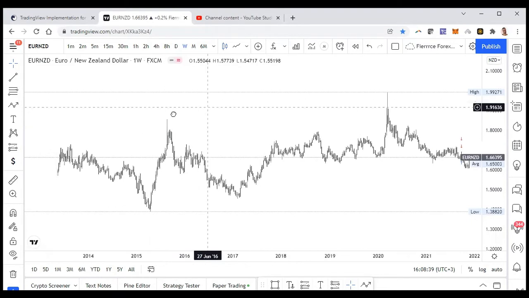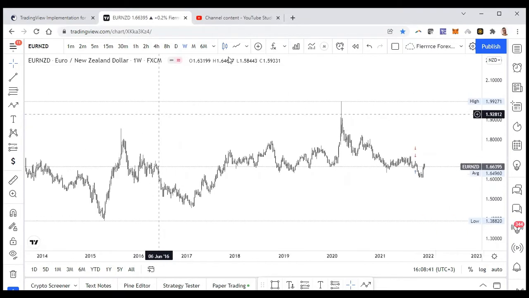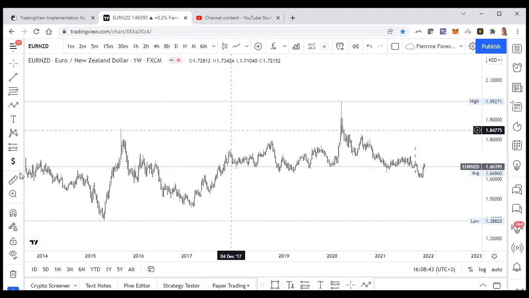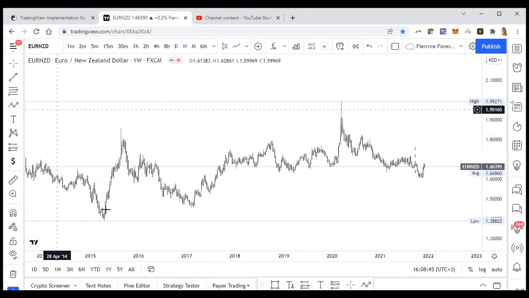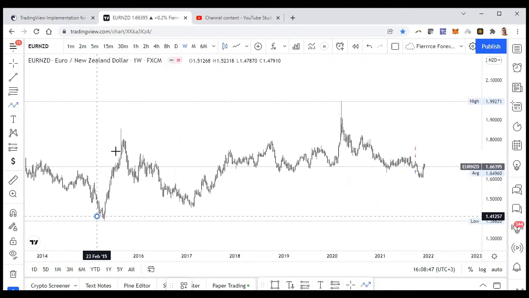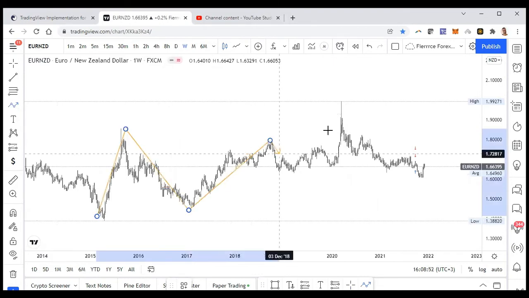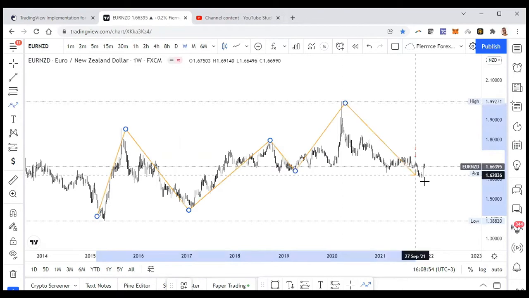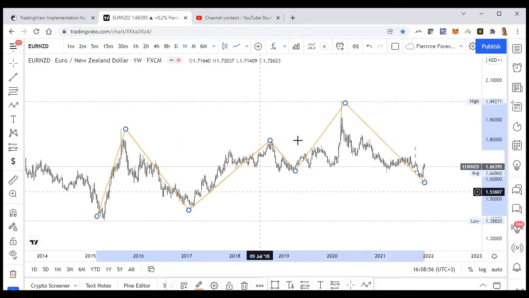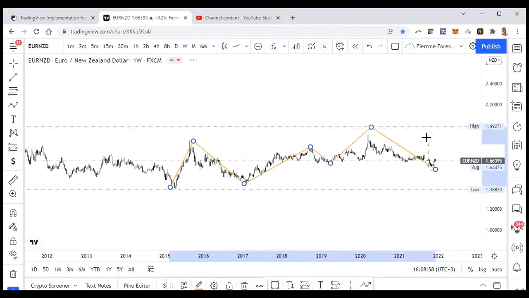So that being said, when we look at Euro NZD, and I'm on the weekly time frame, okay, we can clearly see that price has been moving in a very interesting manner.